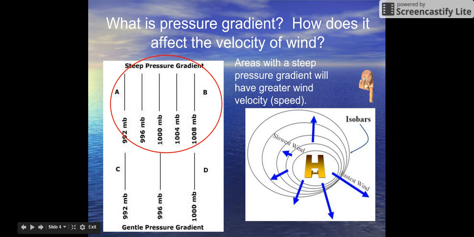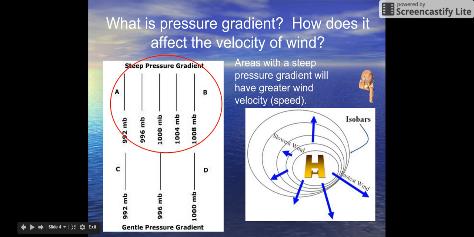So, for example, on the top, I want to show you here, you can see in one area there is an air pressure reading of 1,008 millibars. Over here on the other side, it is 992 millibars. This area has a greater difference between 1,008 and 992 than my gentle pressure gradient here.